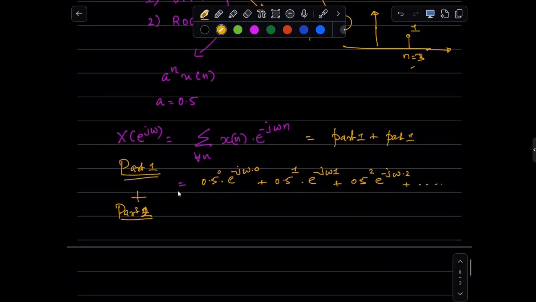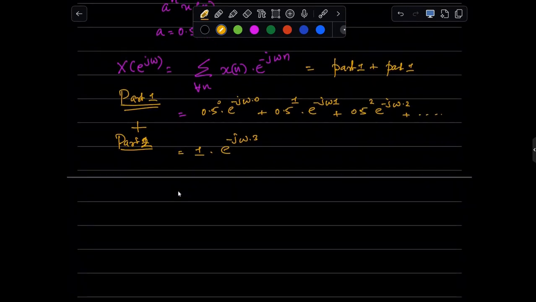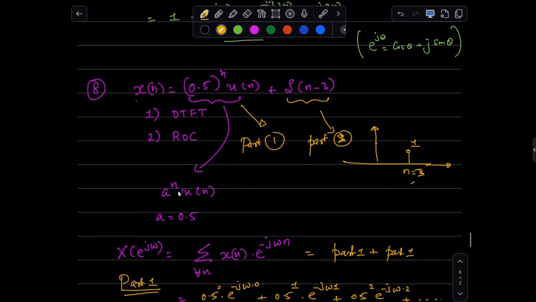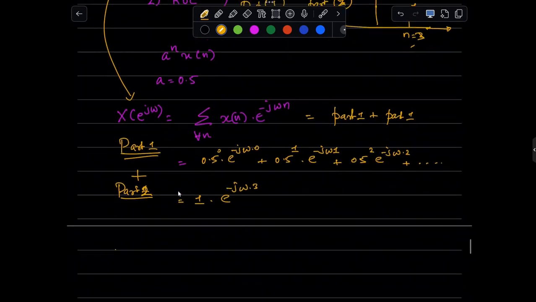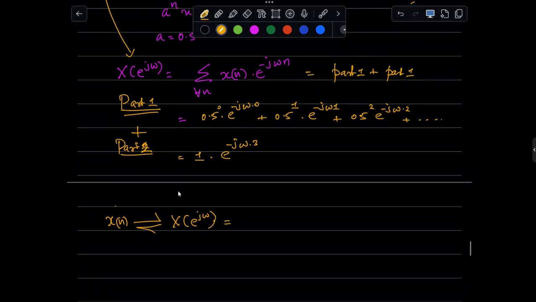The Fourier transform will be equal to 1 times e power minus j omega into 3, because it is happening only at n equal to 3. So this is the Fourier transform for part 2. Now our answer: our x of n has the Fourier transform x of e power j omega, which is nothing but, what is it?